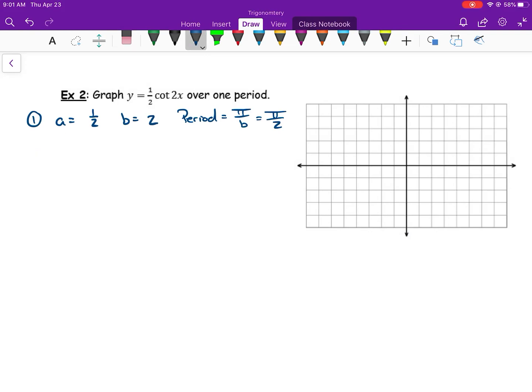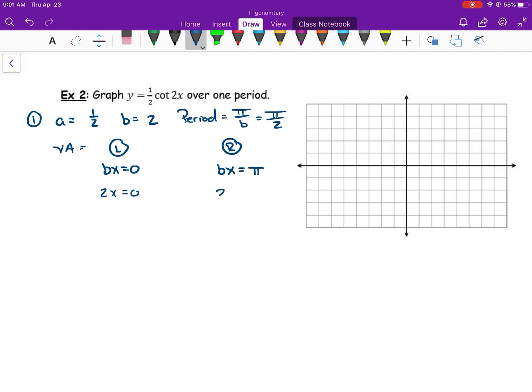No step 2 yet. So my vertical asymptotes are going to be my left side, bx equals 0, my right side, bx equals pi.